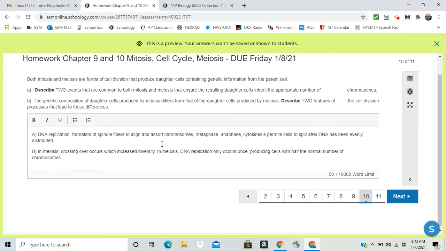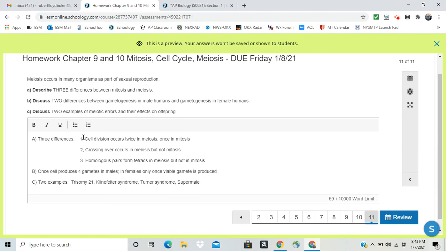So the result of this is cells that are not the same as what they were from the initial parent cells, because you now have crossing over, which is creating more diversity and mixing of alleles. And the second thing is you have half the amount of DNA. So having half the amount of DNA, of course, you're not going to have the same genes that those original cells had. Okay, and the last one, number 11.